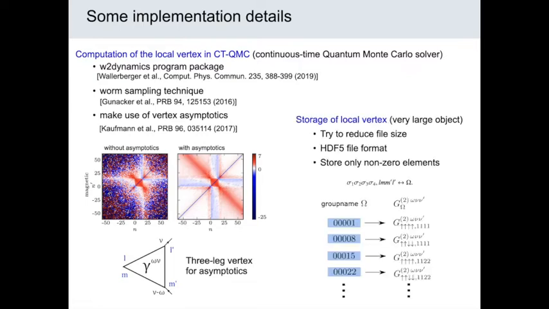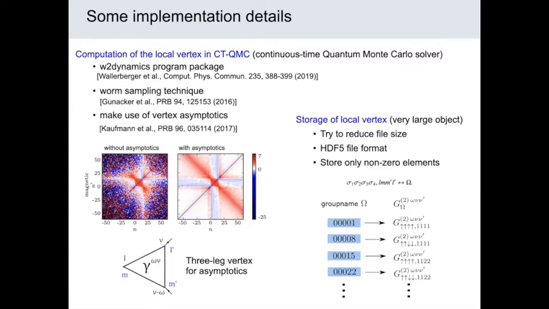And then the second thing I want to briefly mention is the storage of this local vertex. It's a very, very large object, so you somehow try to reduce the file size. What we do is we use an HDF5 file format, and we store only the non-zero elements.